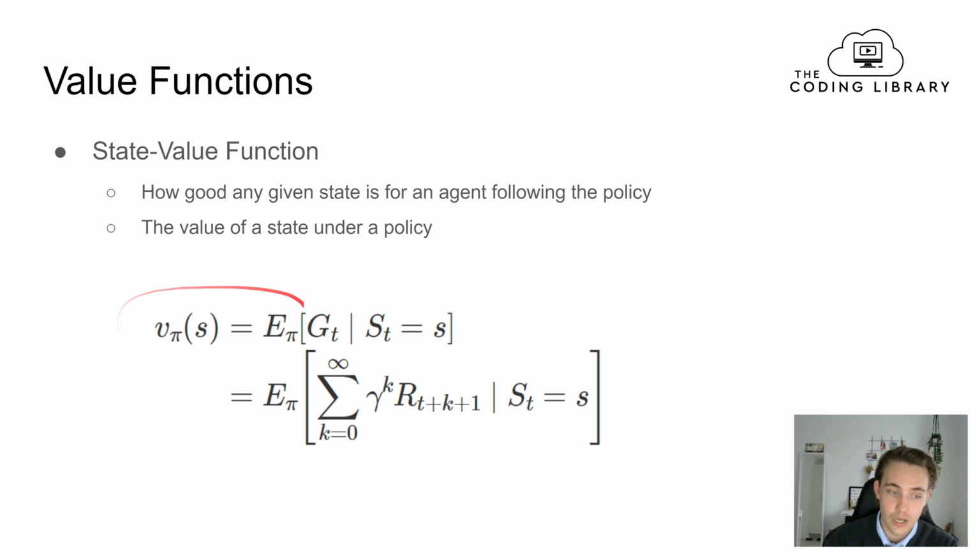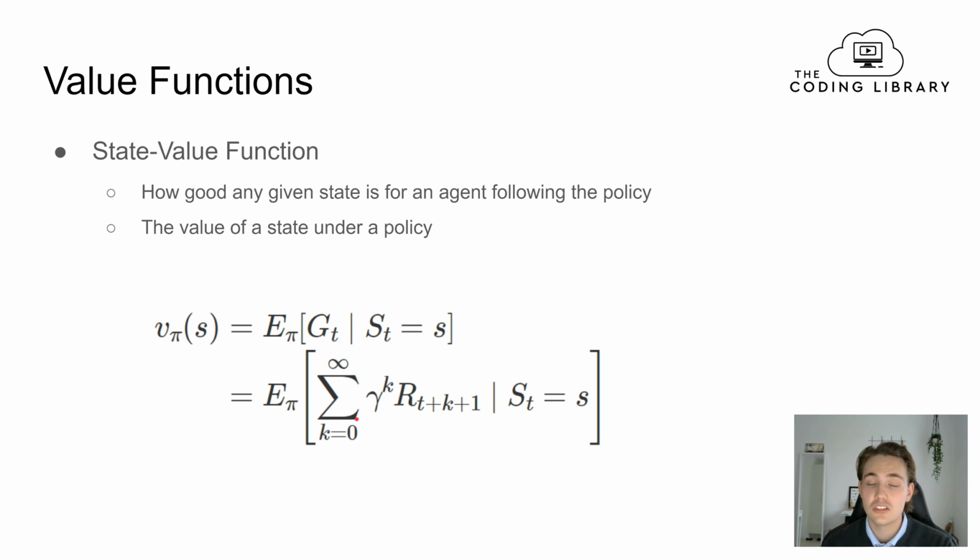First of all, here we have this v subscript pi, which is the policy that we're following, and then we're given some state. It will be the estimated return, g subscript t, which is the discounted return over time for a given state, and then we can sum it up down here with the more mathematical expression.